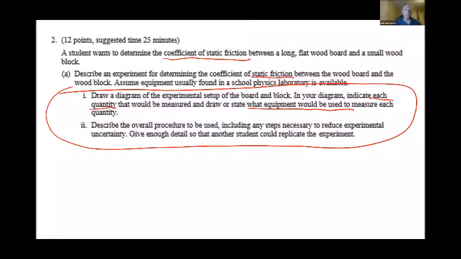So we got to get both of those things. And then we're going to describe the overall procedure to be used. And we're going to include any steps to reduce experimental uncertainty. That's going to always be part of this question. And really, what's the main thing you ought to talk about if you're trying to reduce experimental uncertainty?